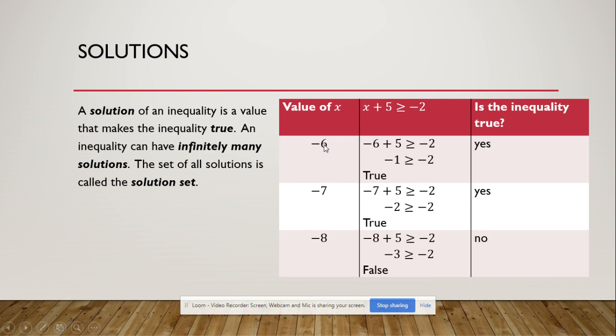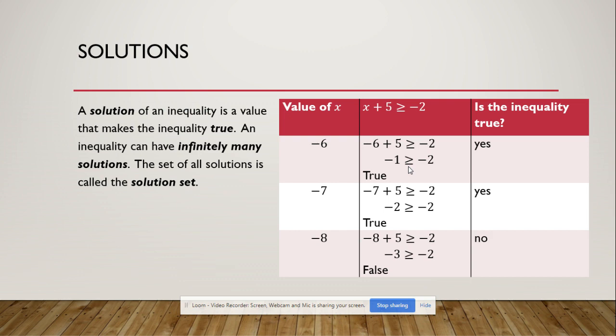So if we have negative 6, in order to test if negative 6 is a solution, we put it into the inequality, x plus 5 is greater than or equal to negative 2. And then we have negative 1 is greater than or equal to negative 2. Now, in order to correctly identify whether or not that's a true statement, and it gets kind of tricky with those negatives, I want you to think of temperature.